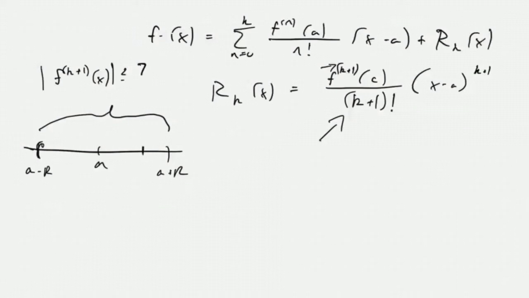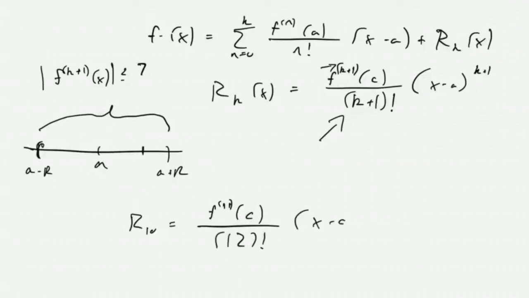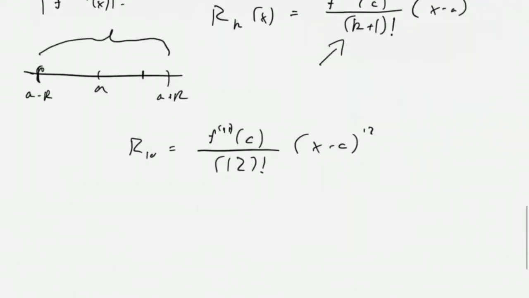So let's say I take 10 terms of my Taylor polynomial. My remainder function is going to be the 11th derivative at some point c, over 11 factorial, times x to the 11th. Let's pick a particular interval. Let's say we're approximating a function on the interval -1 to 1.